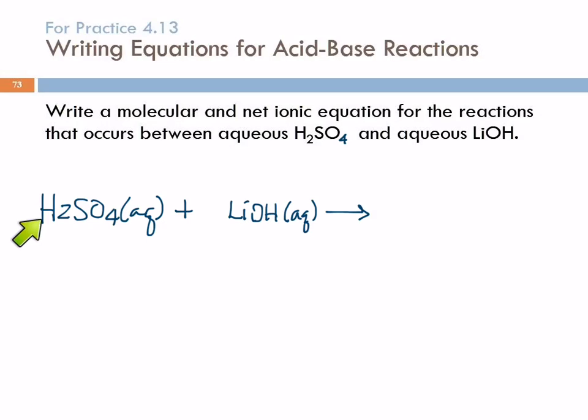And so we're going to pull both of them off. So we'll divide this into sulfate and hydrogen ion. So we'll get H+ and SO4 2-. And then this aqueous compound over here, lithium plus and OH minus.